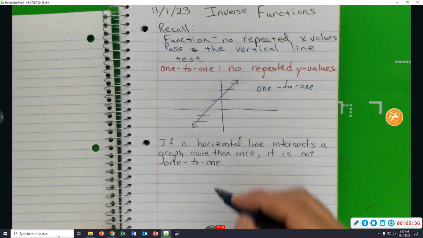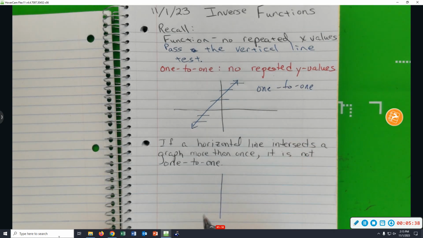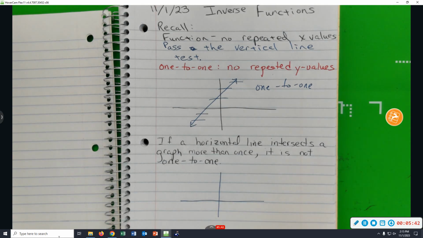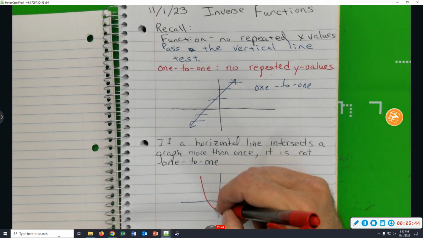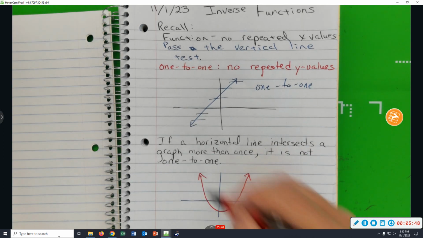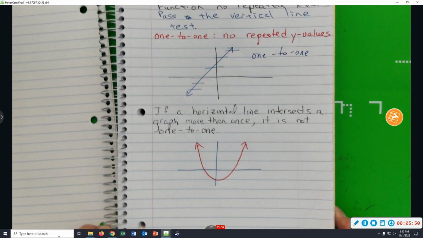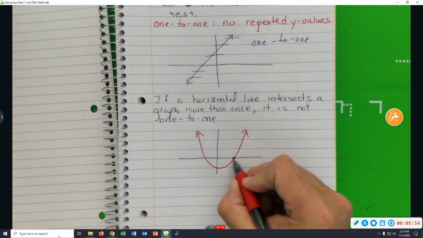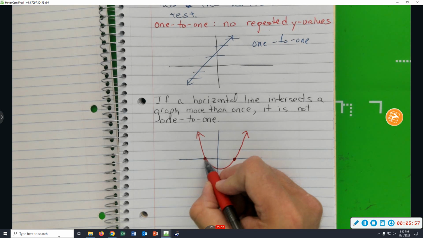What about a parabola opening upward? I'm just drawing a random parabola opening upward in red. Look at those points where the graph intersects the x-axis. What are the y-coordinates of those points?